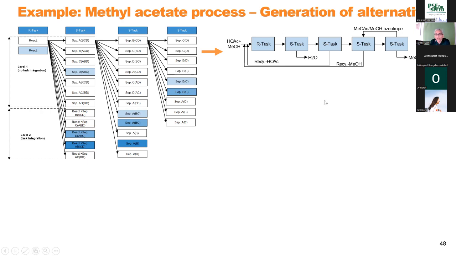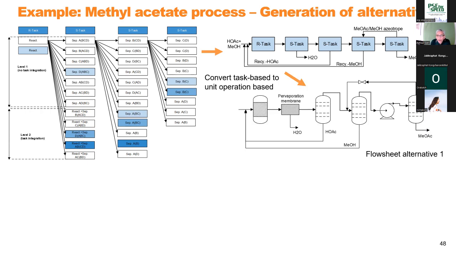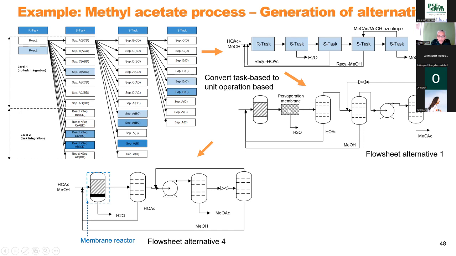Can we improve this? We can, by putting a membrane separator here. So this is a membrane separator. This is a reactor, followed by a membrane separator, followed by these three. Then can we combine these two together? So now we combine these two together, we combine these two, and these are three.